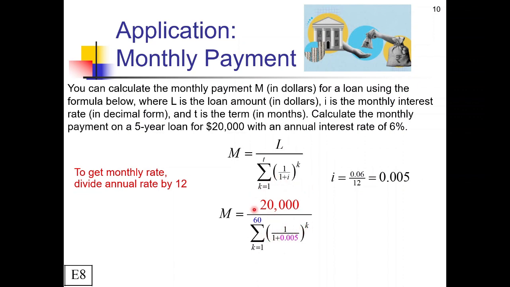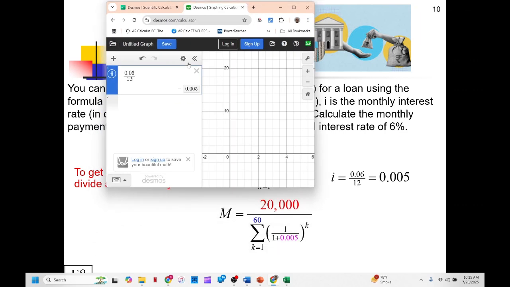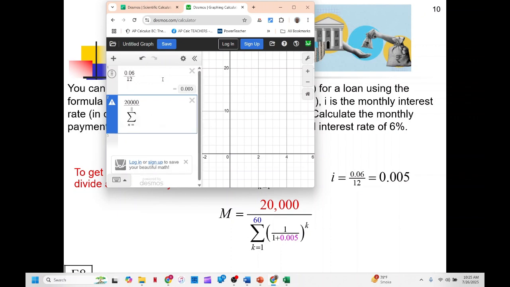So let's plug all of this into Desmos now. Let me move that a little bit so I can see. All right. So I have a fraction. We have 20,000 in the numerator. In the denominator, I'm going to need sum. And I'm going to have to use n instead of k. So we have n equals 1 to 60.